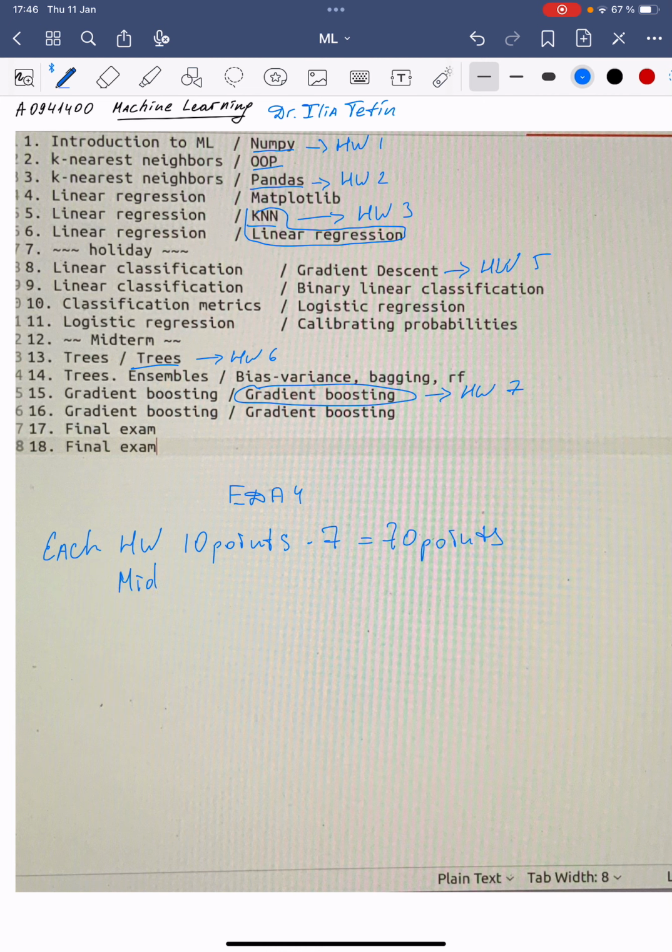Midterm is worth 20%. The midterm is on week 12. For the midterm and the final exam, I believe we will make tests. The final is worth another 10% of the grade.